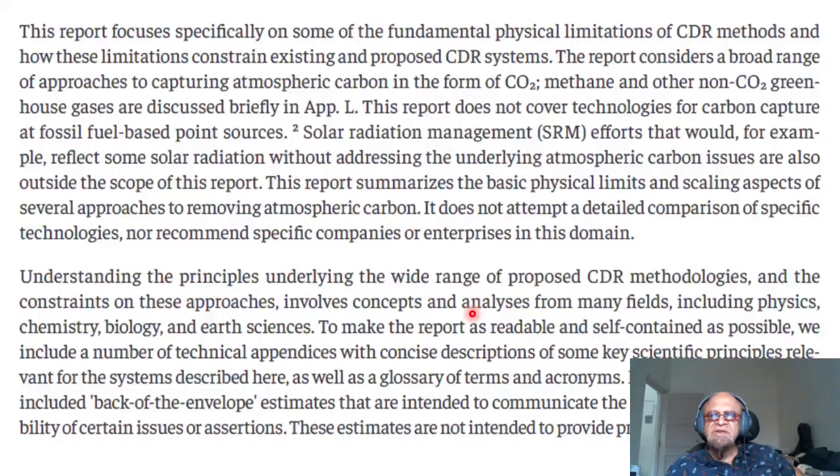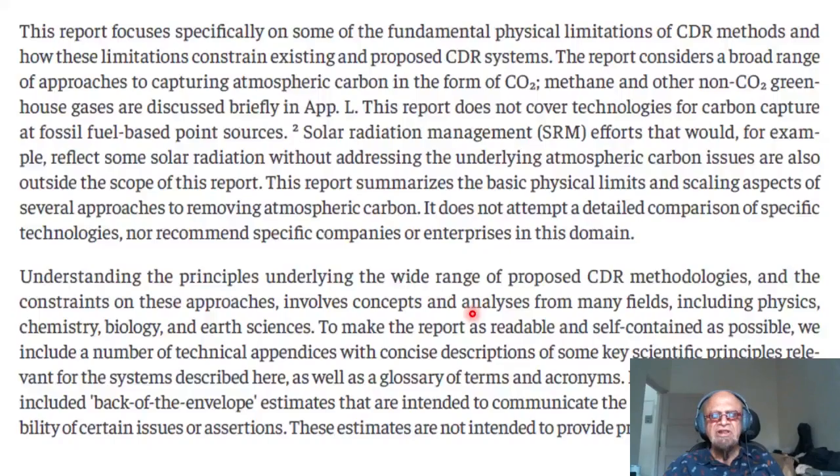Solar radiation management efforts that would, for example, reflect some solar radiation without addressing the underlying atmospheric carbon issues are also outside the scope of the report here. This report summarizes the basic physical limits and scaling aspects of several approaches to removing atmospheric carbon. It does not attempt a detailed comparison of specific technologies, nor recommend specific companies or enterprises in this domain, so it's more focused on science and advice for governments and funders.